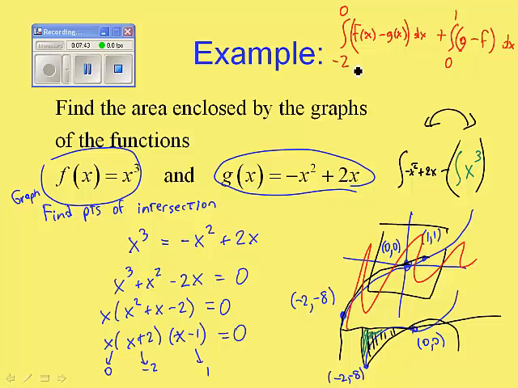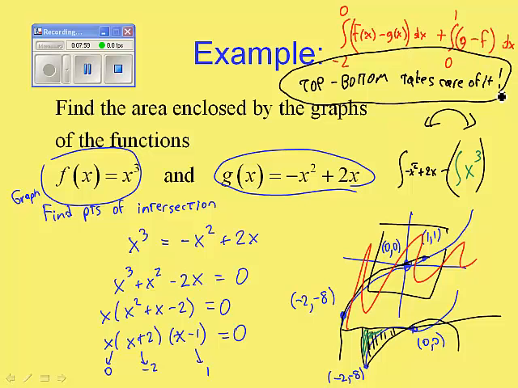So the point is, top minus bottom takes care of it. If you do top minus bottom, you're fine. It'll give you the area, positive area, and it'll do it right.